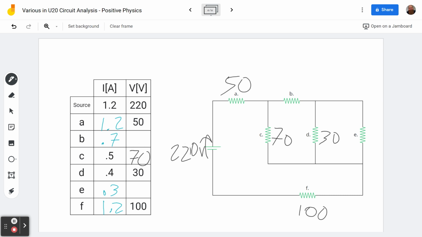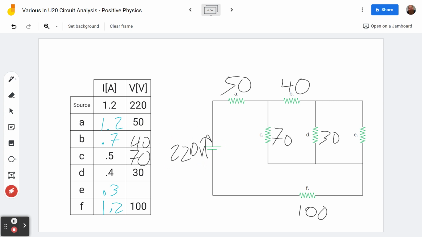Then we could look at our next path. We could look at this path, 50 plus something plus 30 plus 100. So we had 50 plus 100 plus 50, that's 150, plus 30 is 180. So what does this have to be to get us to 220? That would have to be 40. So we'd lose 40 going across B, so that we're sure we lost 220 through the whole thing.